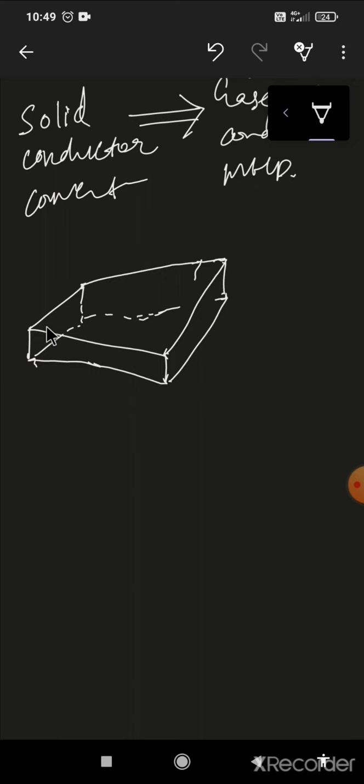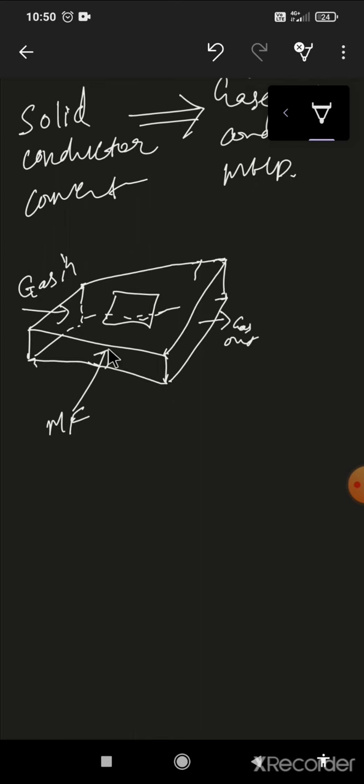Suppose from here the gas is moving in, and from here the gas is moving out. The magnetic field is applied in the perpendicular direction, and the electrodes are in the third direction.